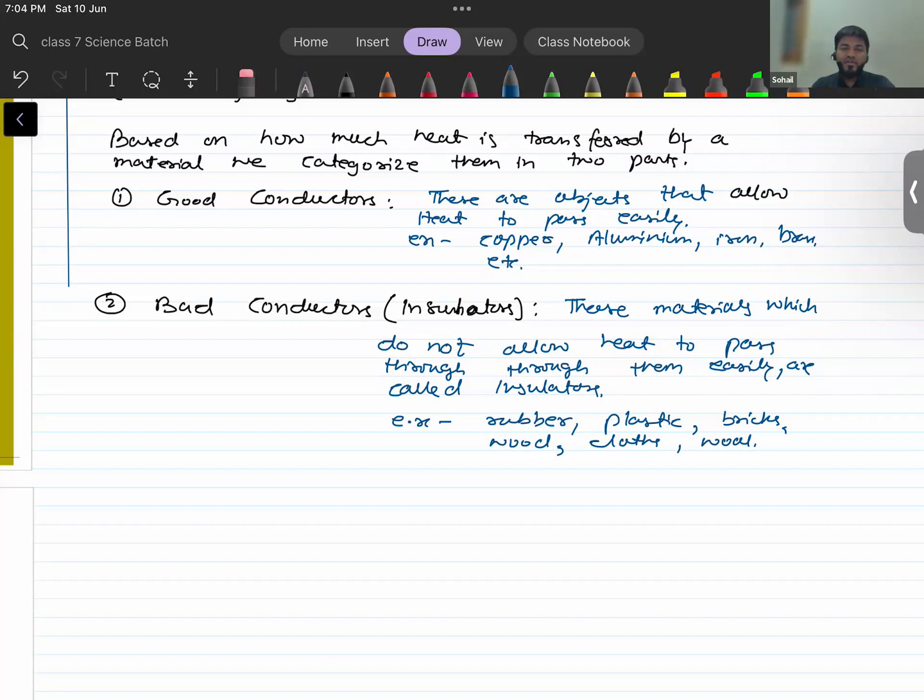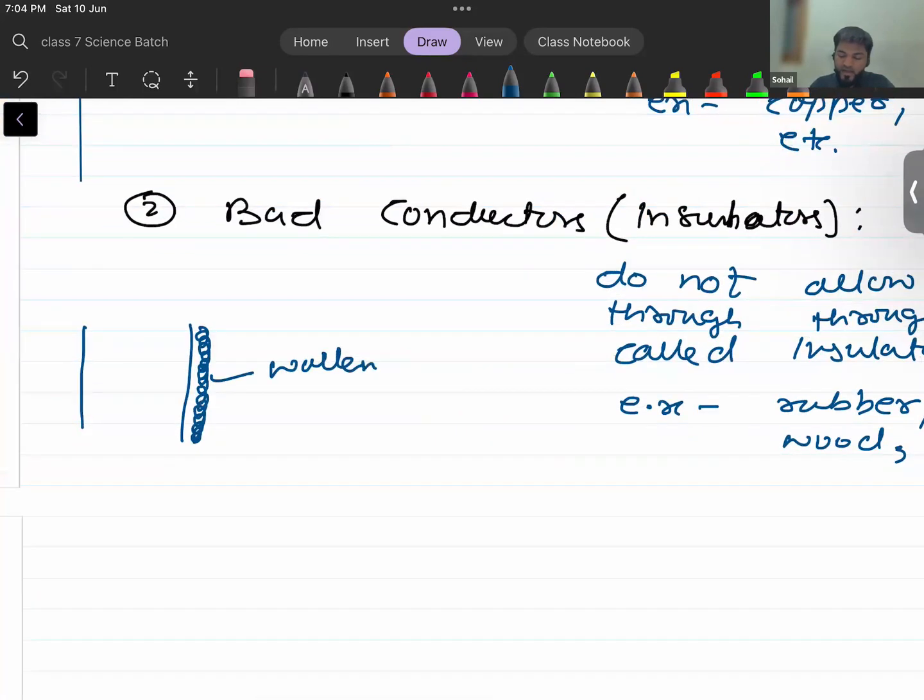is that it does not allow air to escape through it. Say this is your skin, and this is the wool cloth over it. Just a sideways view. Between the woolen cloth and the skin, air is trapped.